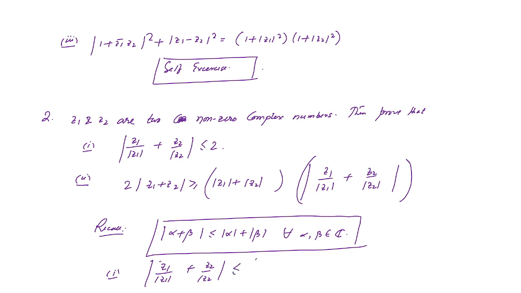So this is less than or equal to |z1/|z1|| plus |β|, meaning |z2/|z2||. So obviously this will be |z1|/|z1| plus |z2|/|z2|. Since z1 and z2 are both non-zero complex numbers, this value will be 1 plus 1, which equals 2. So obviously the first result is proved.